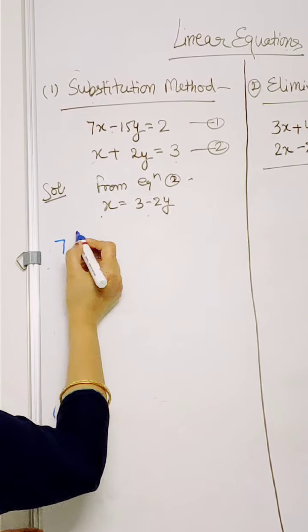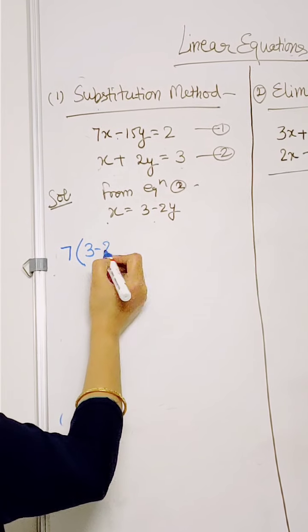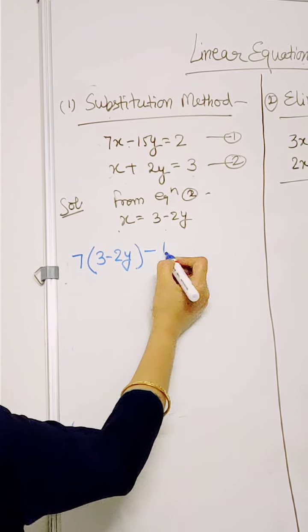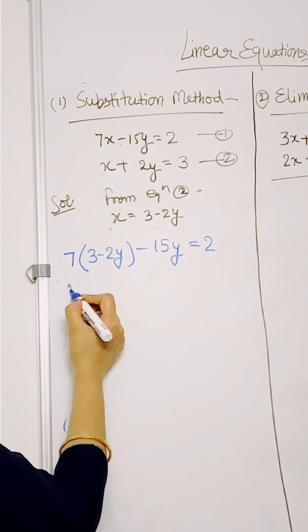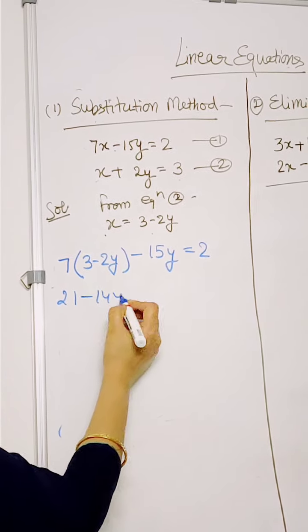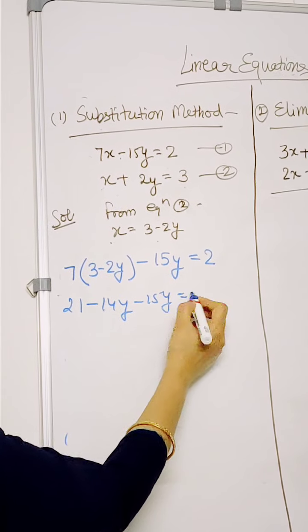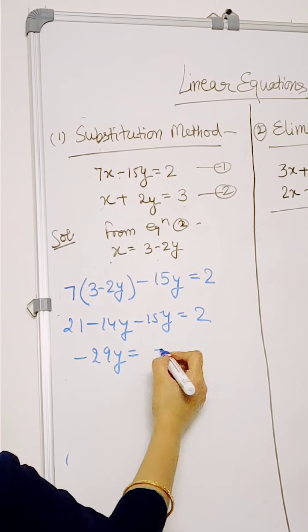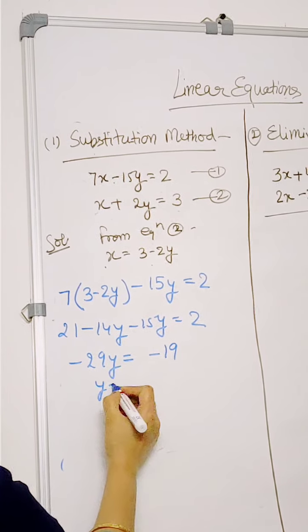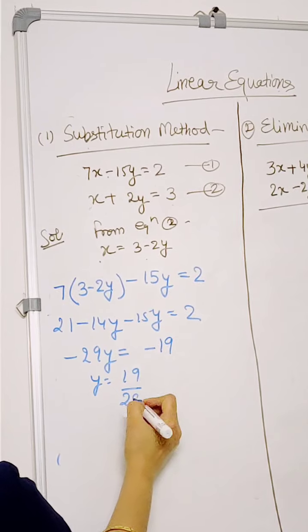Now we substitute this value of x in the other equation 1. We get 7 into 3 minus 2y minus 15y is equal to 2. Now we solve it. 7 times 3 is 21 minus 14y minus 15y is equal to 2, minus 29y is equal to minus 19, y is equal to 19 upon 29.